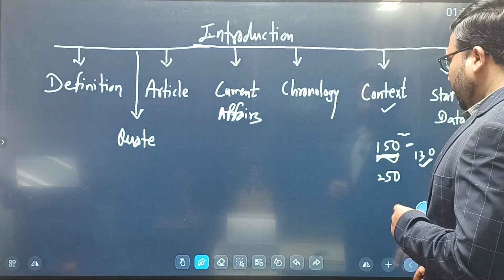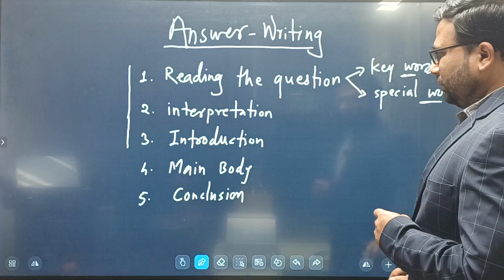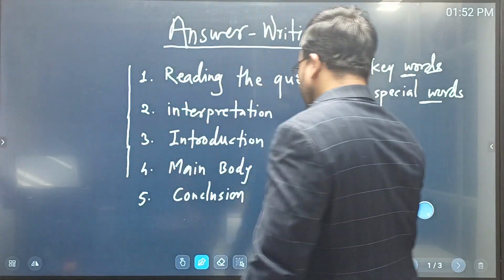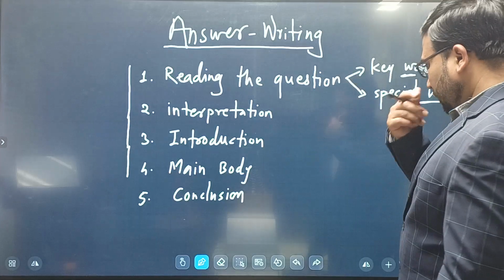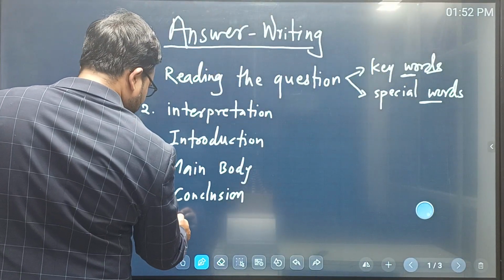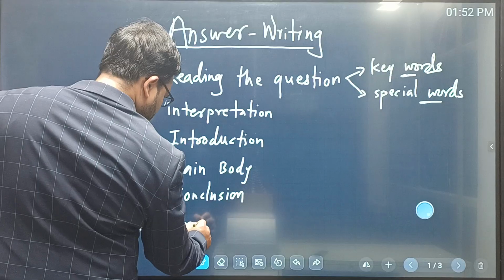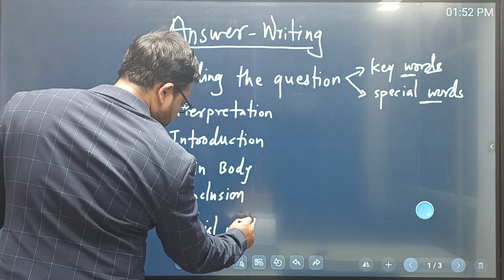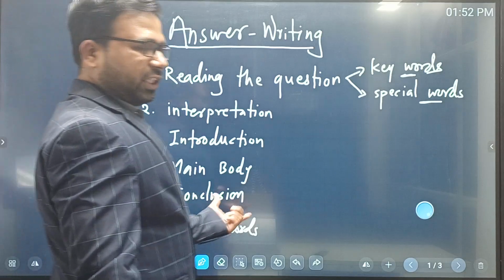Then I think now we are left with the last point, conclusion. So here, conclusion, and last, point number 6 will be the special words. We will also talk about the special words or the keywords.